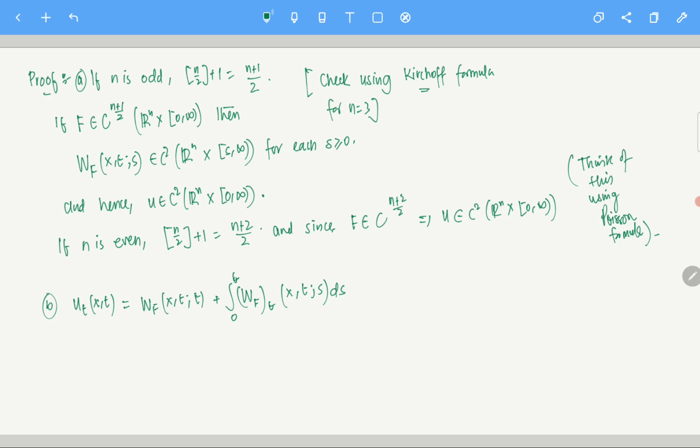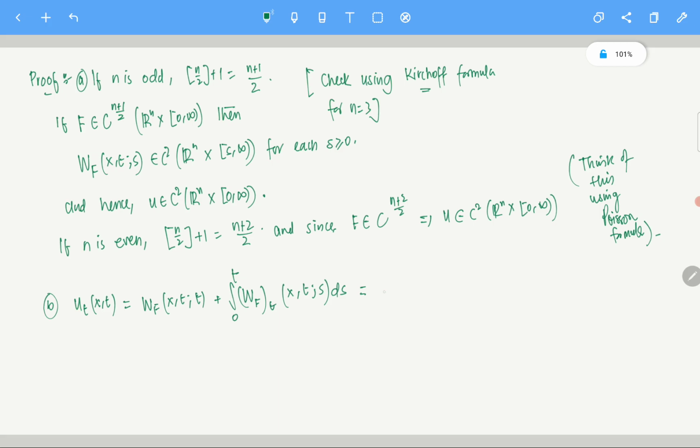Do you think this is true? Of course, I am just doing differentiation with respect to the integral sign. So this is the boundary term, and then this is given by the integral from 0 to t of w_f with respect to t at the point x,t,s ds.